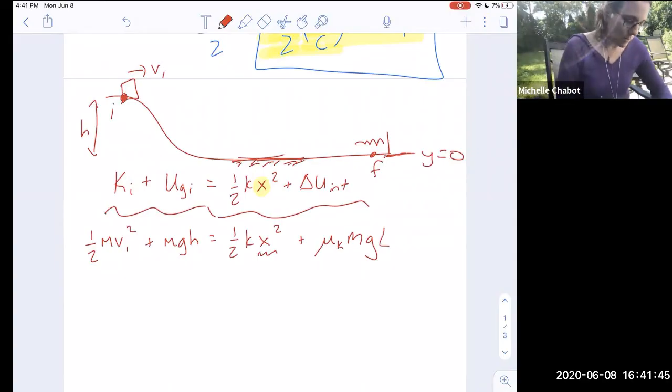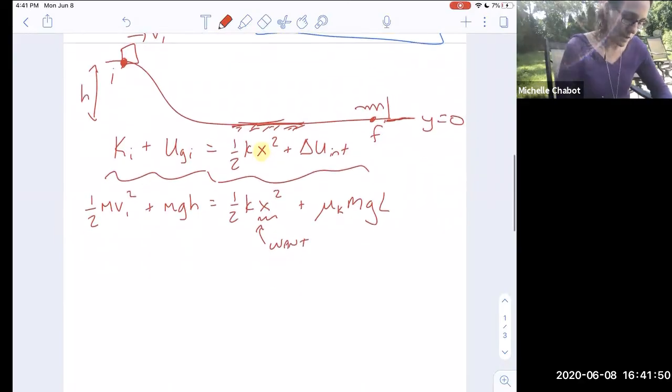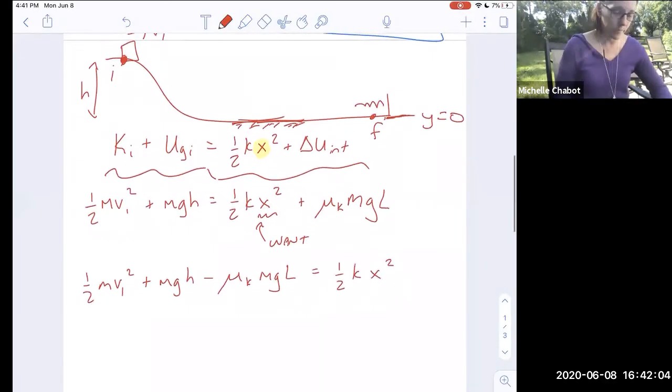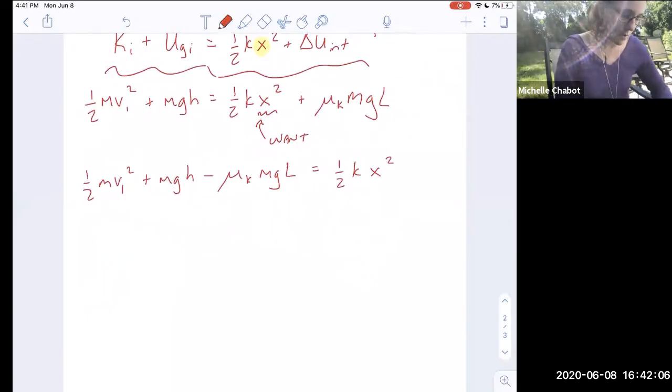So I'm just going to then rearrange this and solve for x. So I'm going to have 1/2 m v1 squared plus mgh minus mu sub k mgL is equal to 1/2 k x squared. And at this point, it's just the algebra of going through all this. I like to cross off my 1/2s and then add 2's to everything that doesn't have a 1/2. And then I'm going to divide everything by k at the very end.